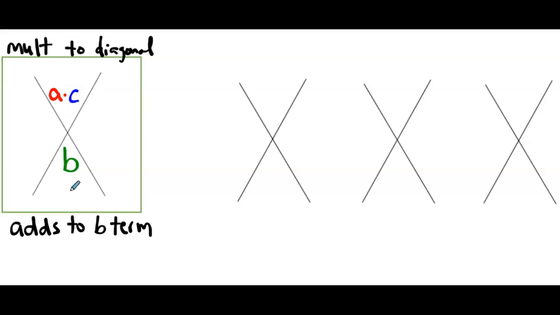Okay, well, what about these here? Those here are going to be numbers that multiply to my A times C and add to my B term. So these are numbers that have to do both of those at the same time. So that will make more sense as we go and do some stuff.